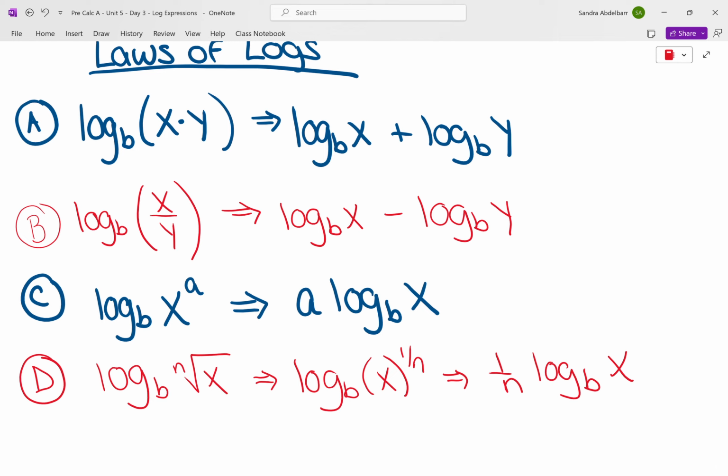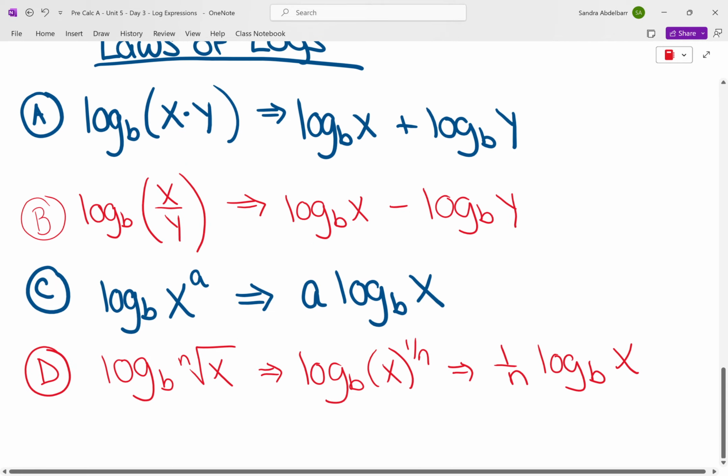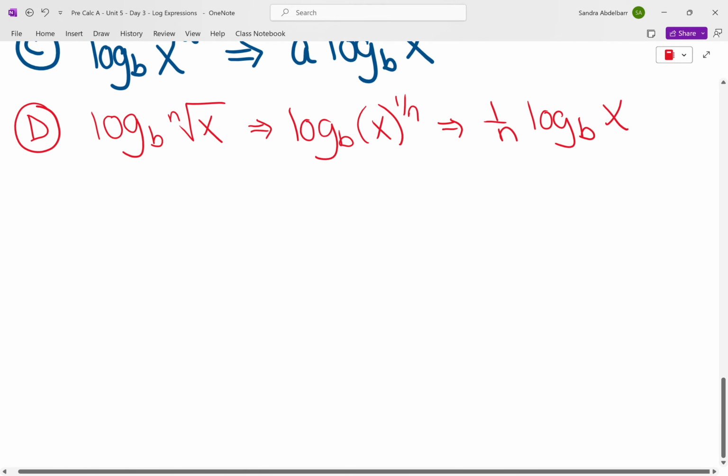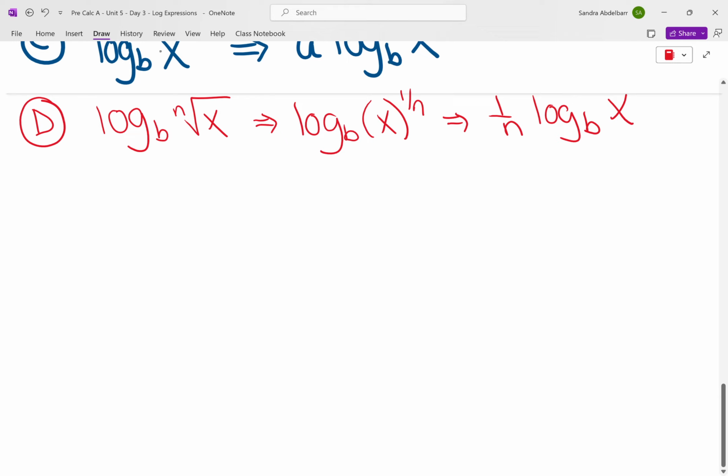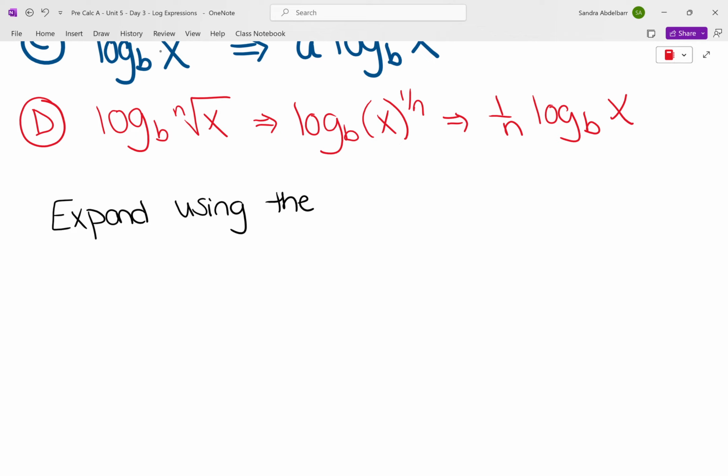Should you have these all memorized? Yes. You probably in Algebra 2 went into very specific detail of why this is what it is, but now I'm just doing quick overviews of everything. Okay, so now let's use these rules. In this next section, I want us to expand using the laws of logs.